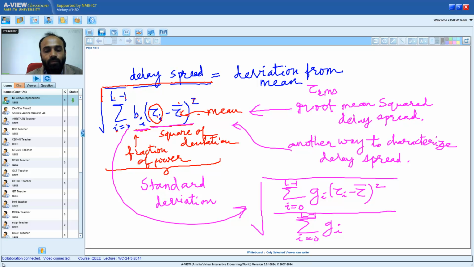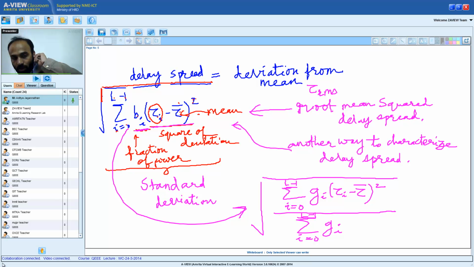Okay. Alright, is that clear to everyone? So this is Gi tau i minus tau bar square divided by summation of Gi. Is this clear to everyone? Everyone able to understand what is happening so far? Any questions so far?